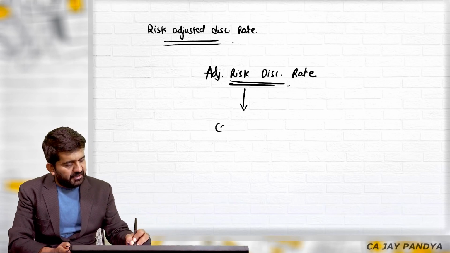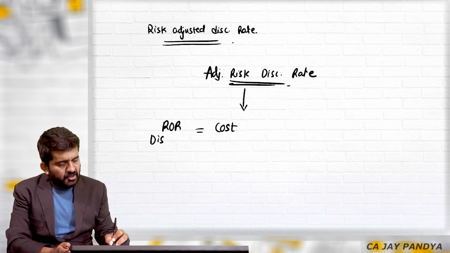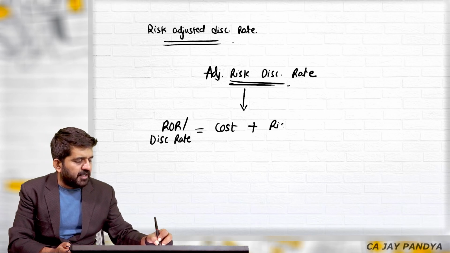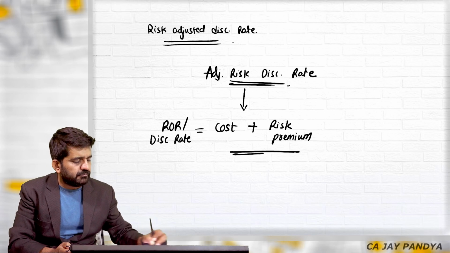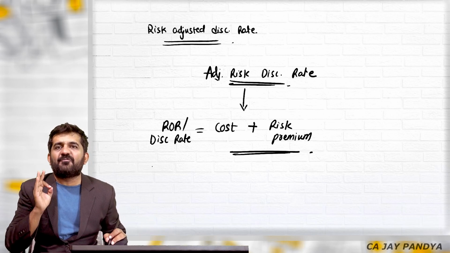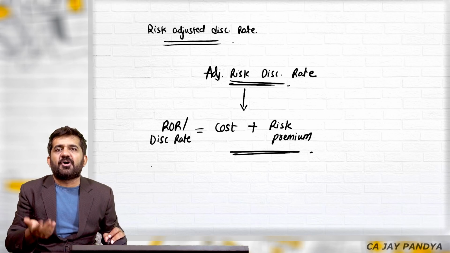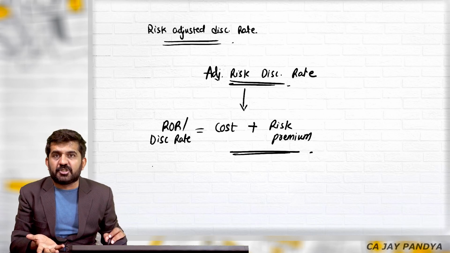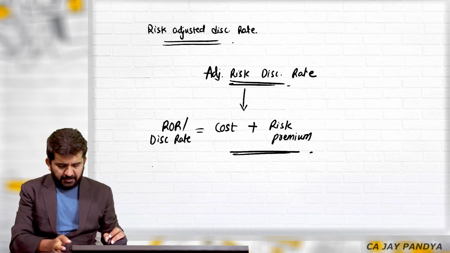That is nothing but my required rate of return or discount rate will be cost plus some risk. And I will do the same sum of NPV. Just my discount rate instead of 10% will become 12% because the project is risky and I am charging 2% as a risk premium.